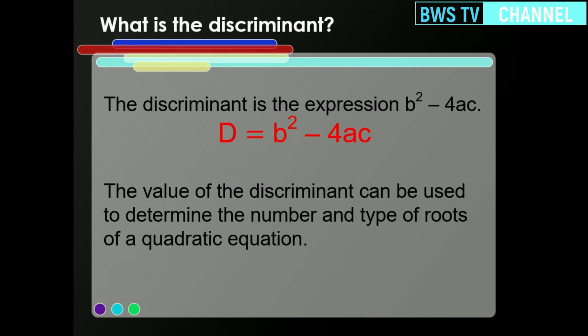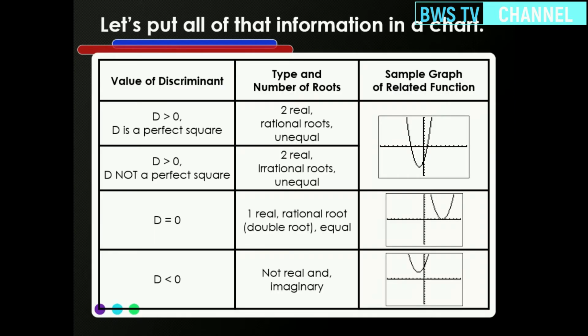Now, how do we describe the nature of roots using this discriminant formula? We have here the table. The table will guide us to our description after we use the formula. In the first column you have the value of the discriminant.